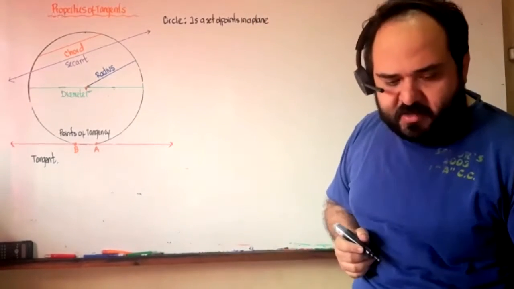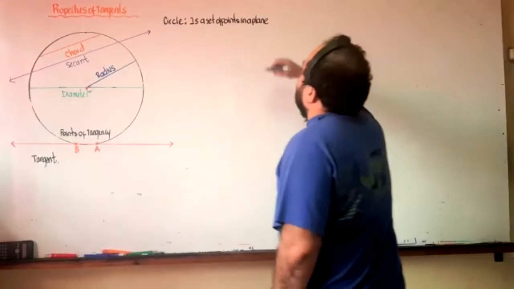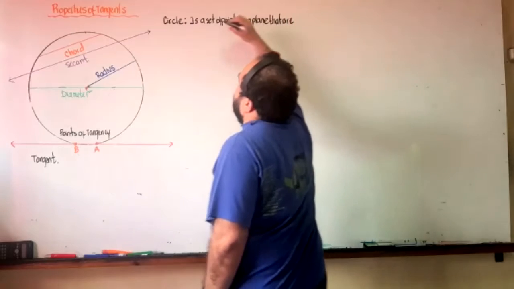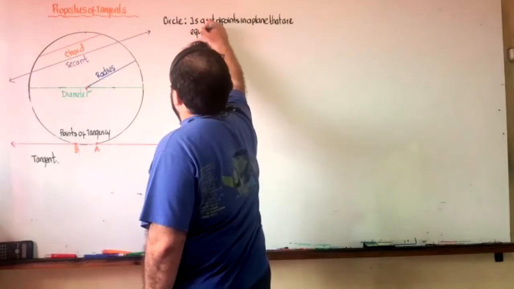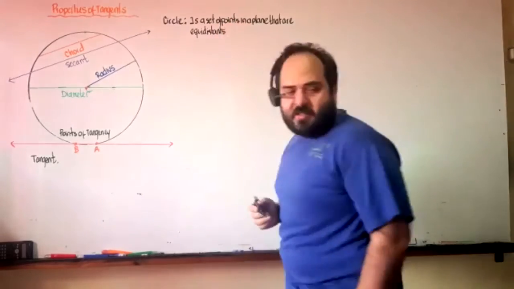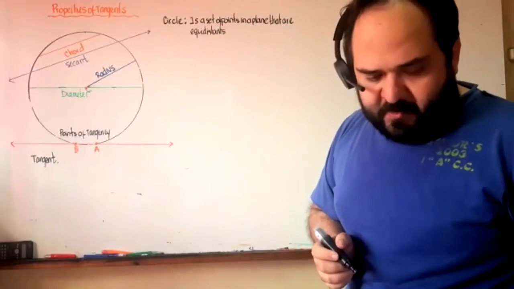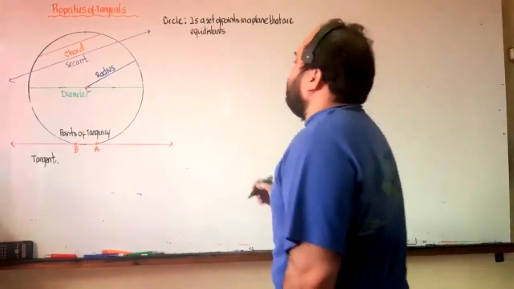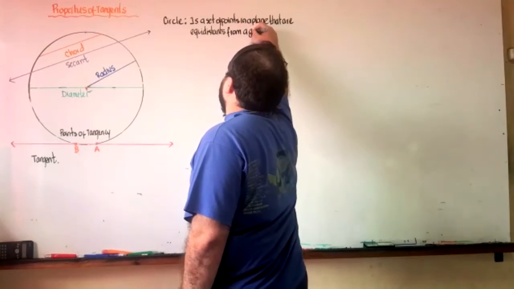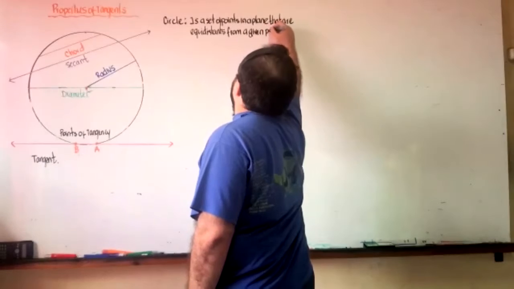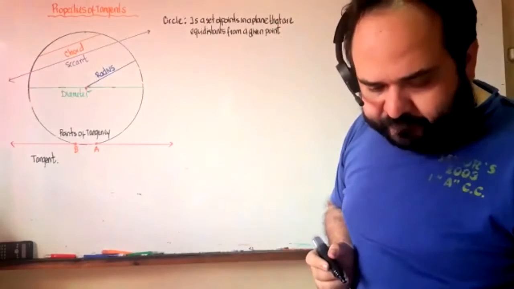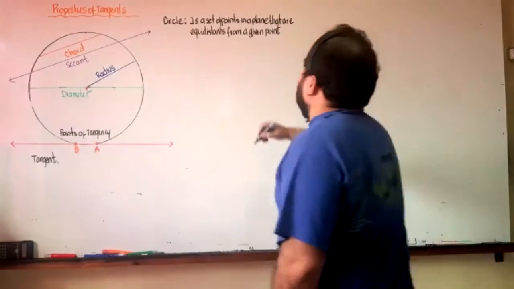According to the definition, those points are equidistant from a given point called the center of the circle.